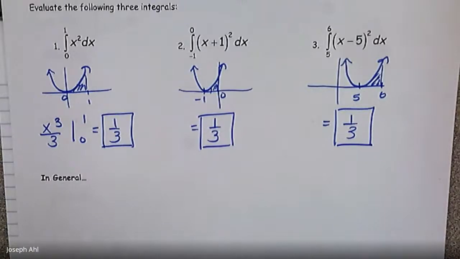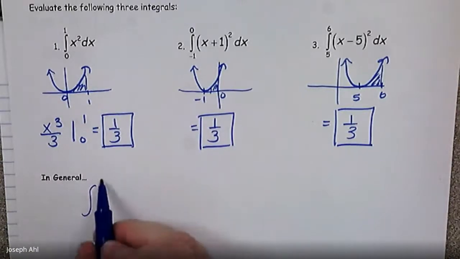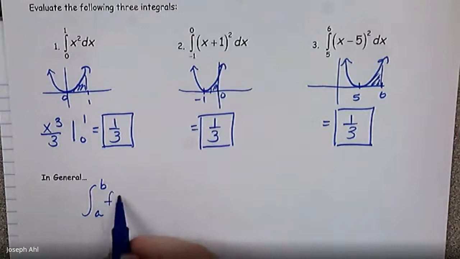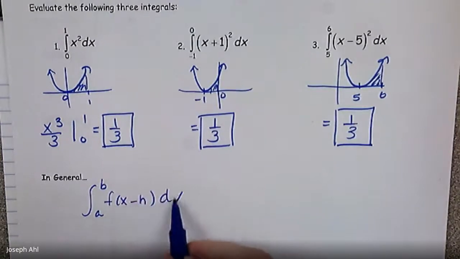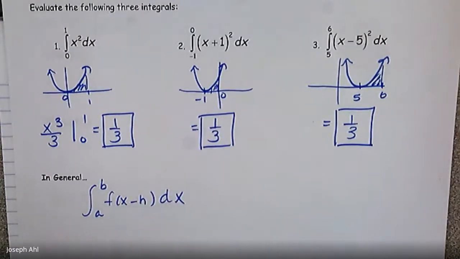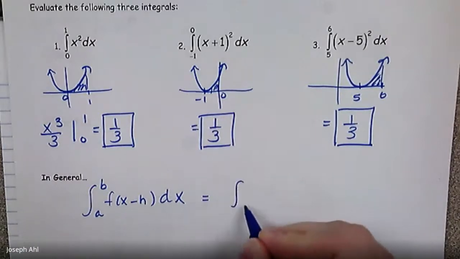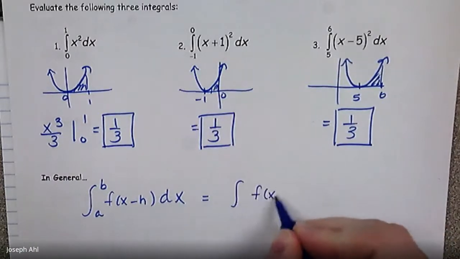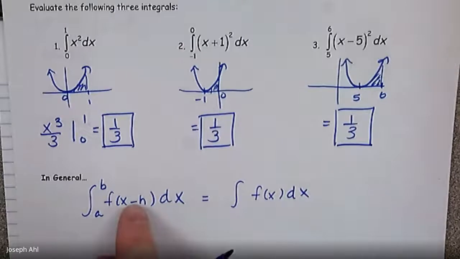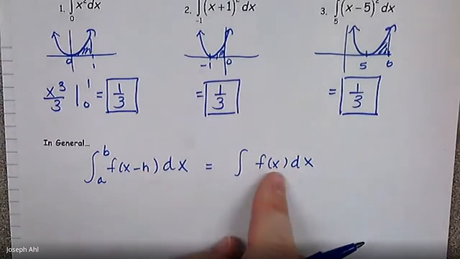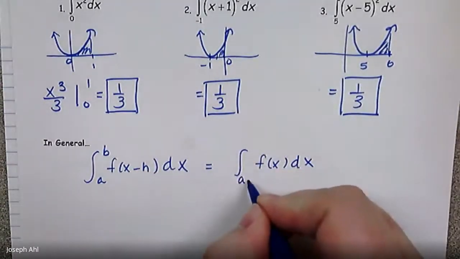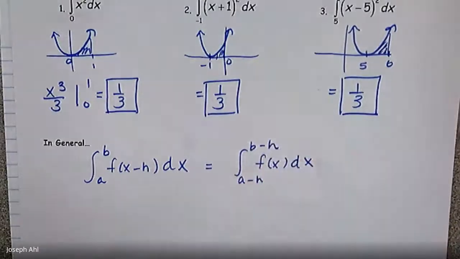So as a reminder, in general, if you're integrating from a to b the function f of x minus h dx, you can think of that as integrating the original function f of x, okay? Go back to the parent function, essentially, as long as you then subtract h from the bounds.